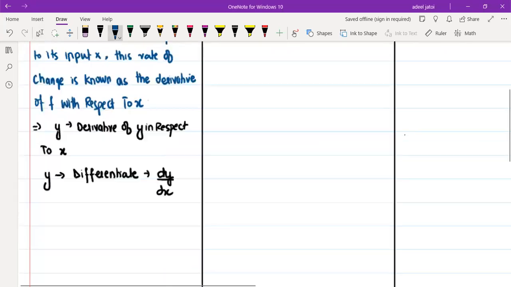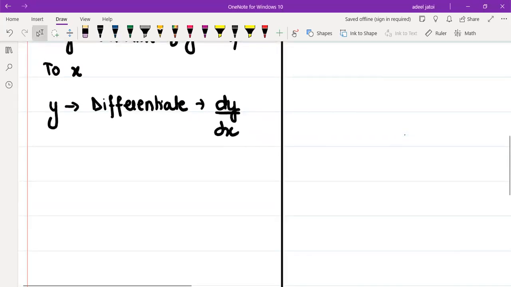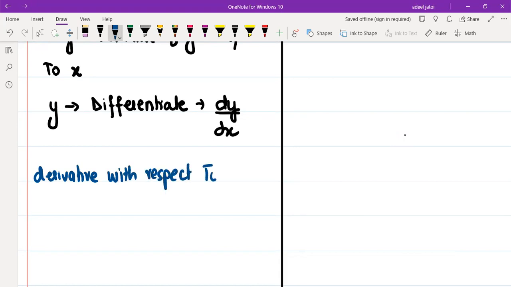Now, the derivative with respect to x is dy upon dx. It can always have the derivative with respect to r, which will be d upon dr. That means it can be the equation of y, or the equation of a.